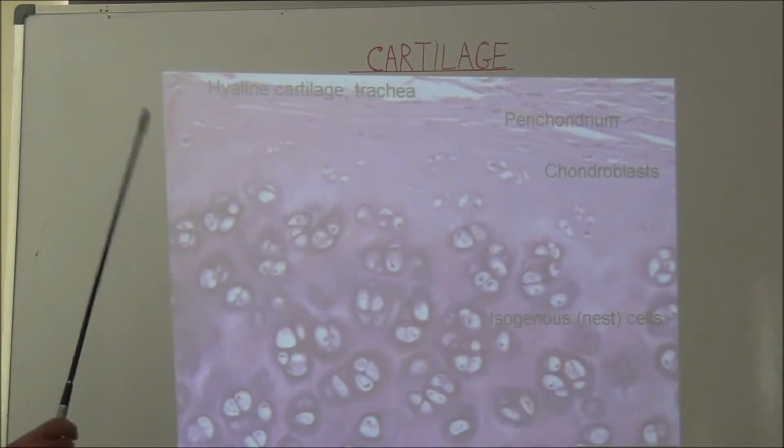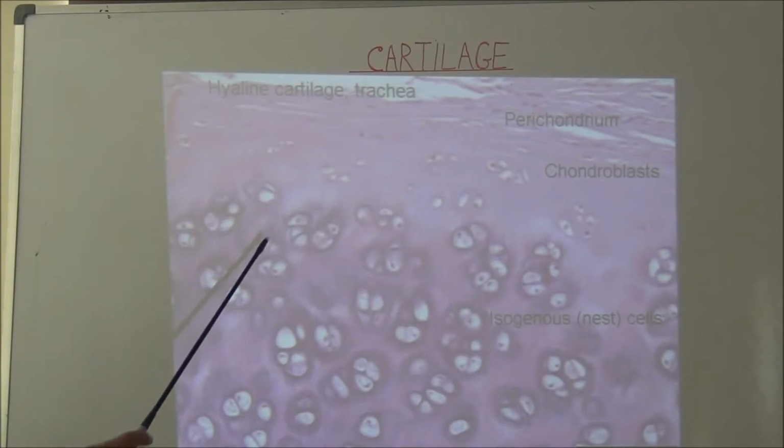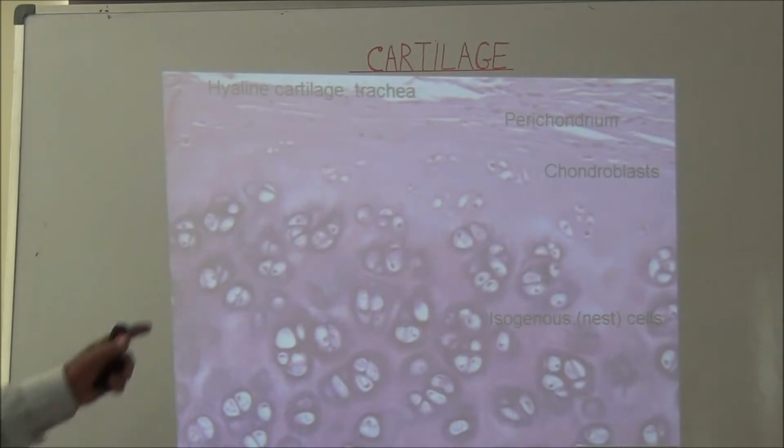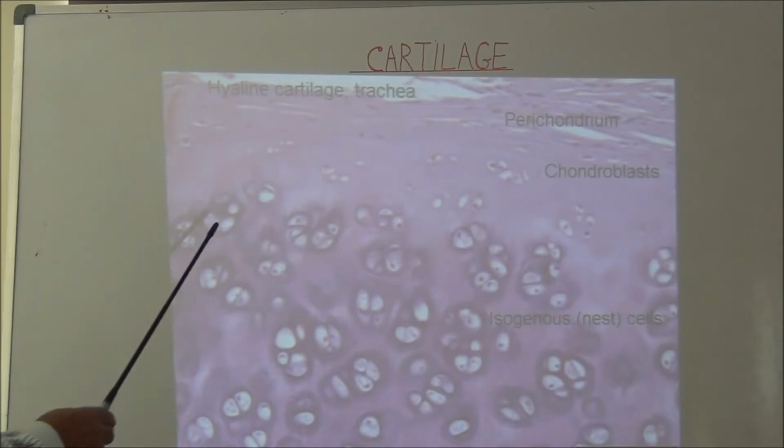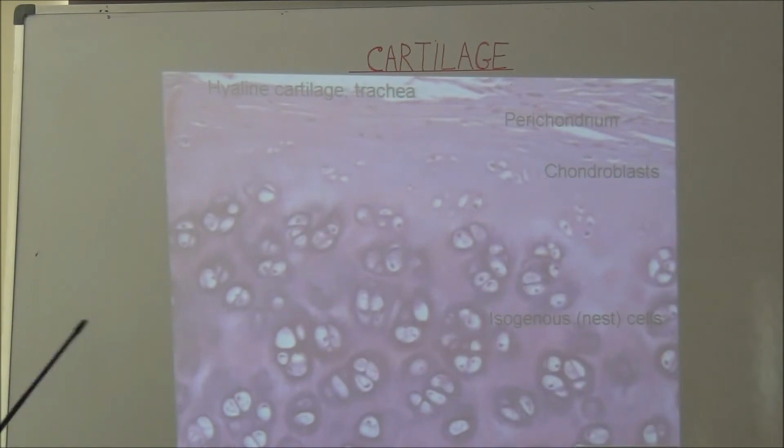Then the matrix covers these cells; the lacunae are covered by the matrix. Now this matrix becomes dark as it surrounds the lacunae, and the matrix around the cells or around the lacunae is darker in color. This dark colored matrix around a single cell is called the unicellular matrix.